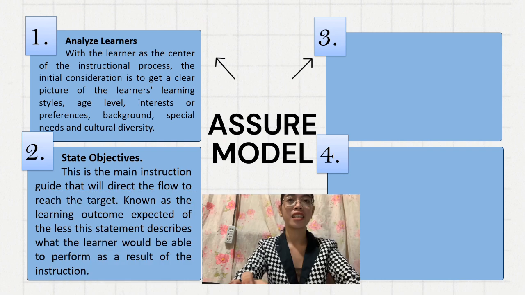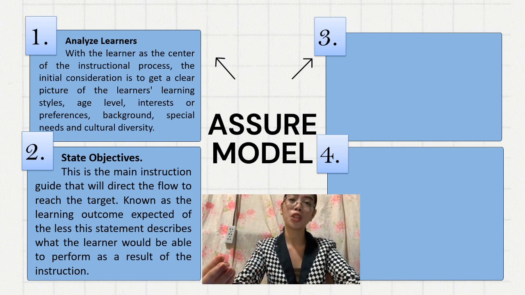Next is the state objectives. This is the main instruction guide that will direct the flow to reach the target. So, when we say state objectives, before we proceed to our discussion, we should have first the objectives or the learning outcomes that can be met sa ato ang instructional guide or the lesson plan.